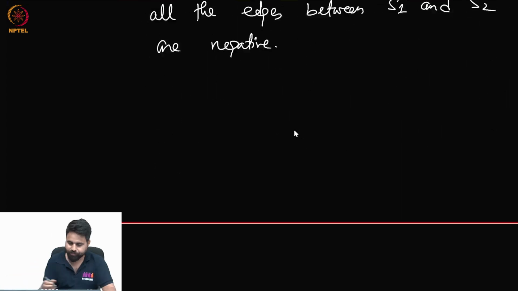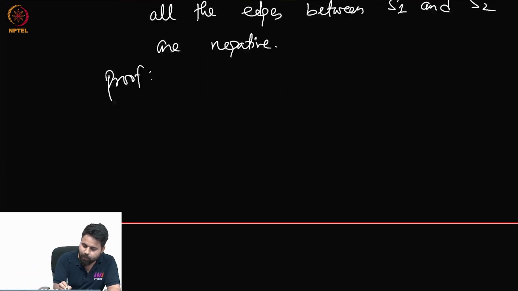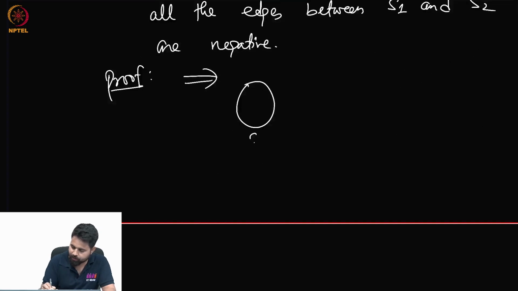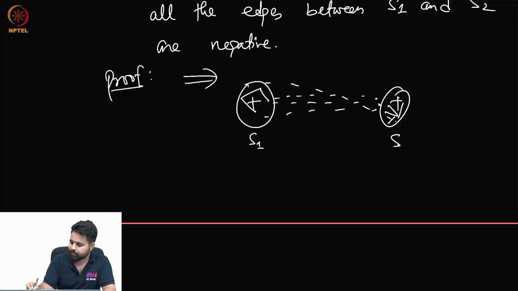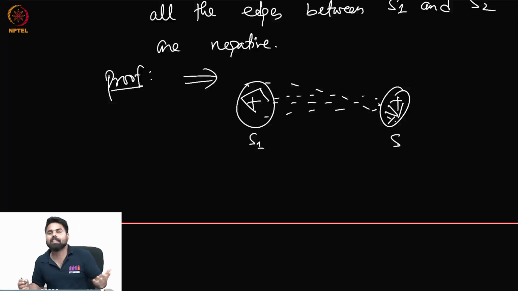Okay, proof. Suppose the first direction is, suppose there are such partitions S1 and S2, such that everything inside is positive, and everything in between is negative. So every cycle inside S1 is positive because there are only positive edges.